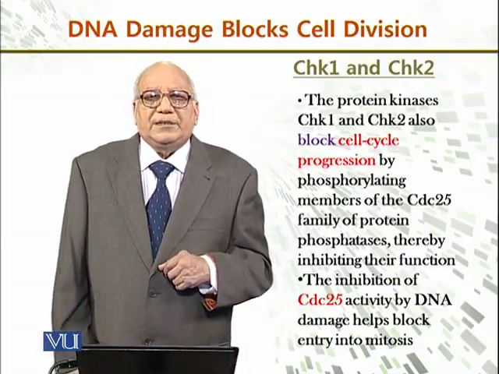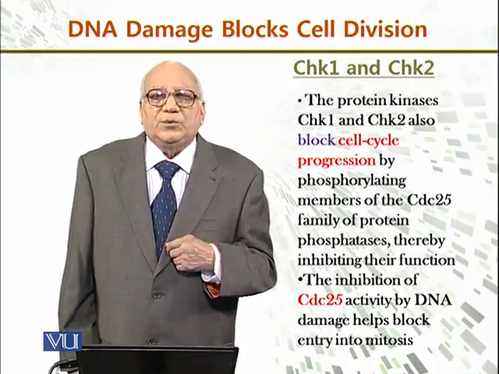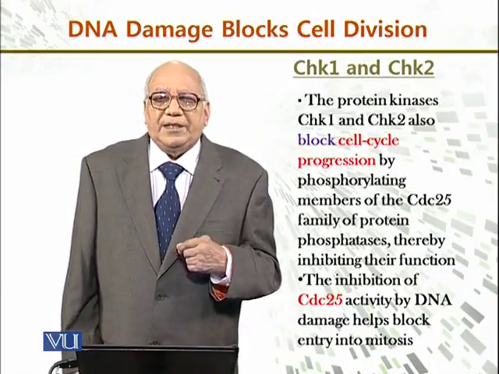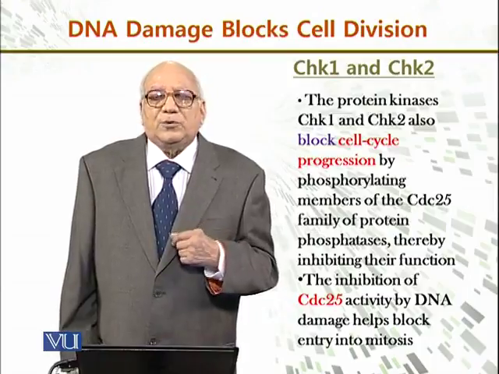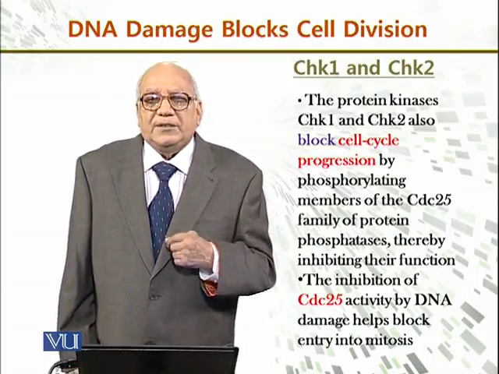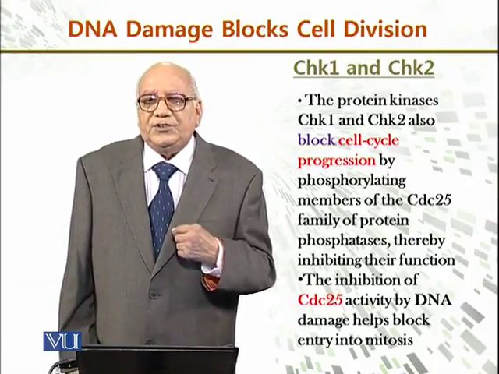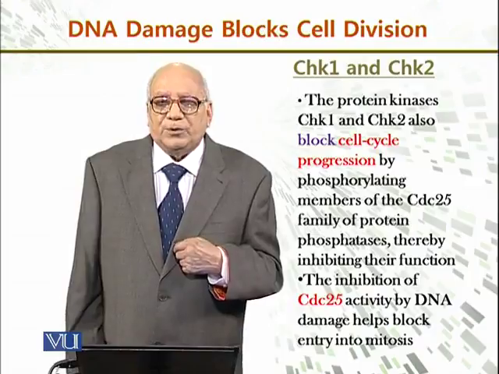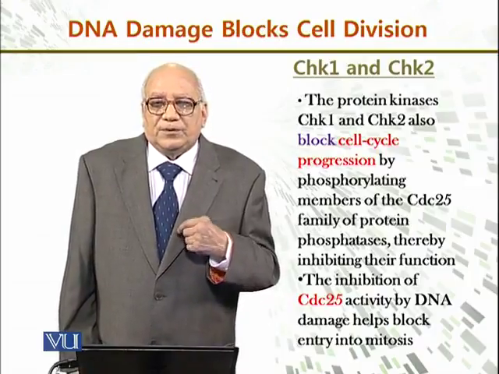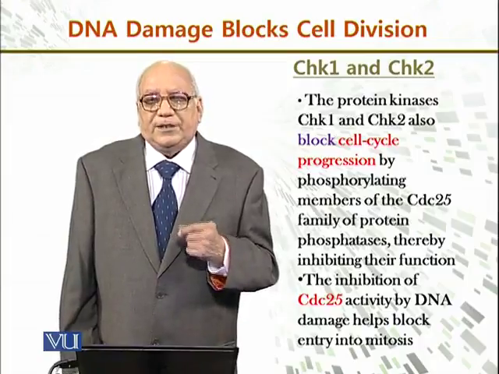Now, another player is CHK1 and CHK2, which are protein kinases. They also block cell cycle progression by phosphorylating members of the CDC25 family of phosphatases, thereby inhibiting their function.